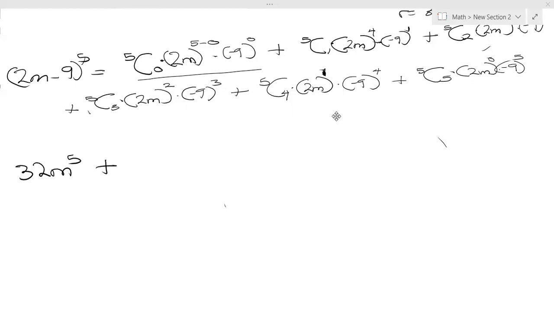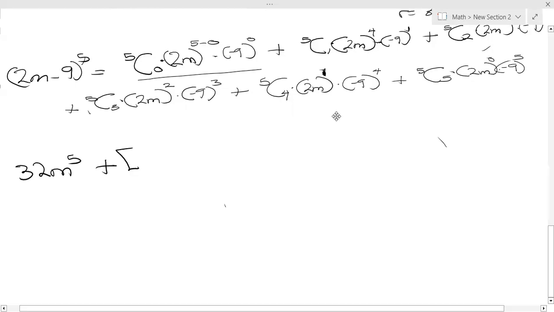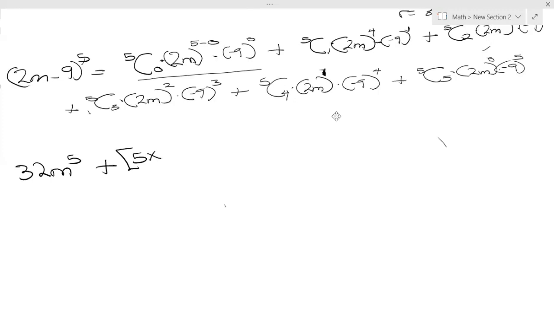Plus, the next one is 5c1. On my calculator, that gives me 5. Then 5 times 2m raised to the power 4, so 2 raised to the power 4 is 16, giving 16 m4.